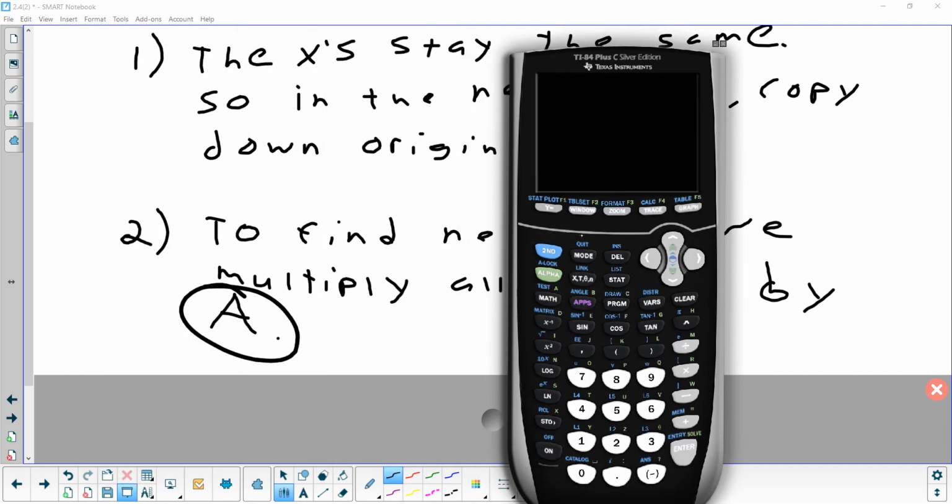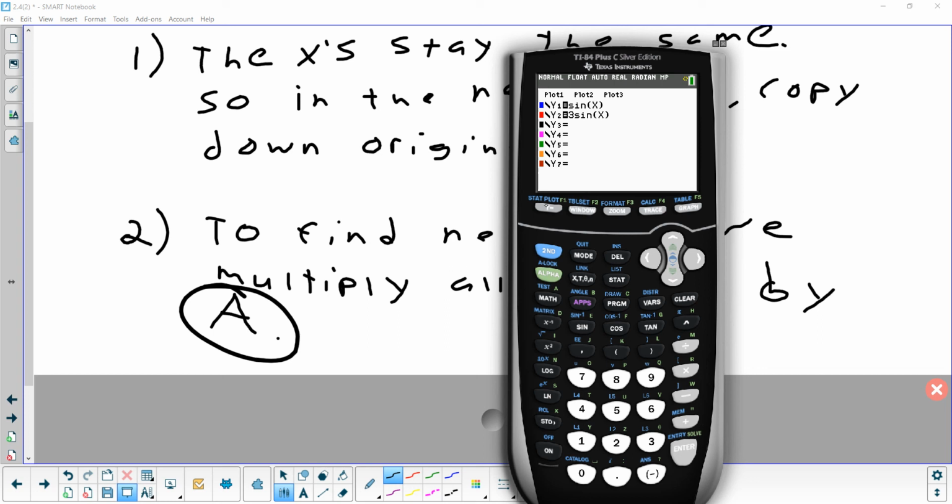But let's graph something like, we have 3 sine x. Let's do negative 3 sine x. Does anybody have a guess what the negative is going to cause the graph to do? Well, by putting a negative in front, does it change the amplitude?